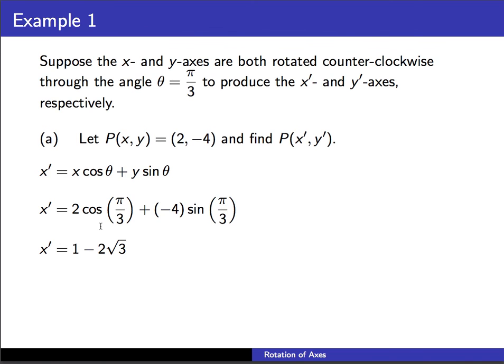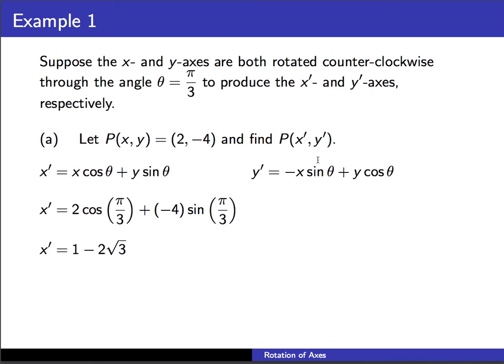When we simplify that, 2 times the cosine of pi over 3 is 1, and negative 4 times the sine of pi over 3 is negative 2 square root of 3. So our new x coordinate is 1 minus 2 times the square root of 3 when we rotate this point pi over 3 radians about the origin. To find our new y coordinate, it's the negative of our old x coordinate times the sine of the angle plus our old y coordinate times the cosine of the angle.